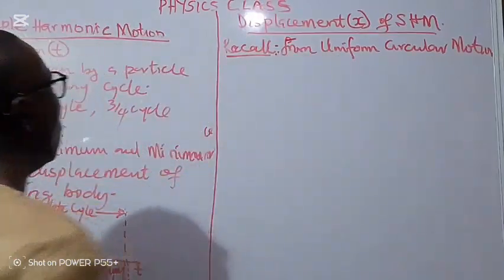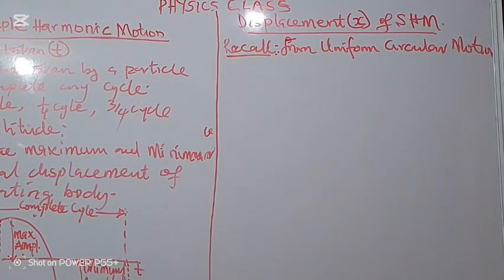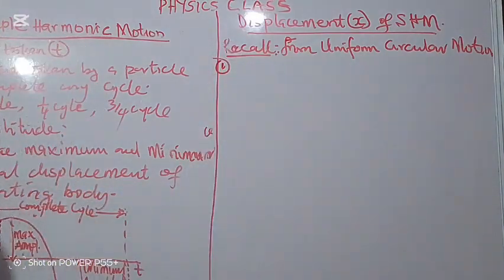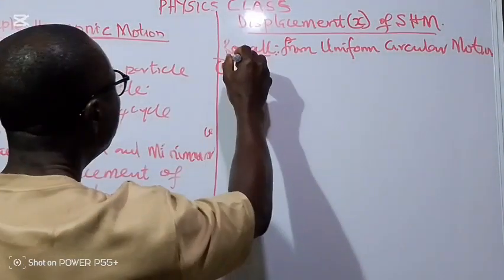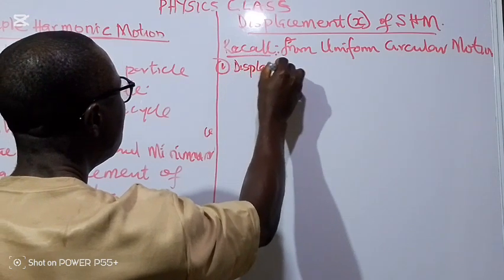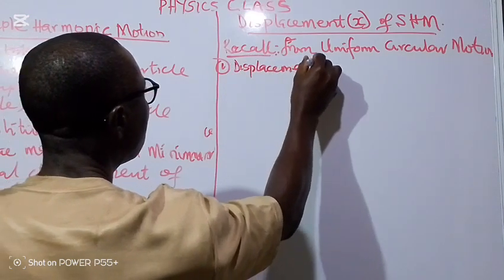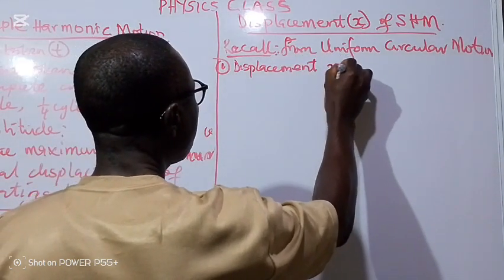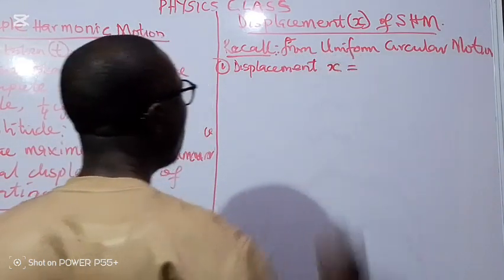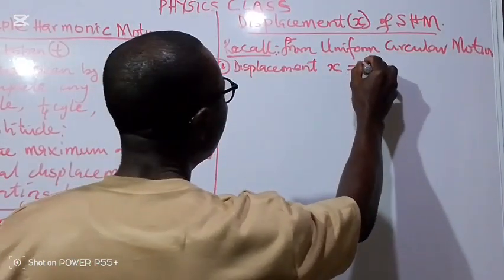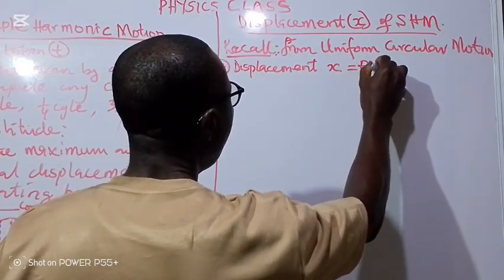From uniform circular motion, one: displacement. Then we say x is equal to theta r.